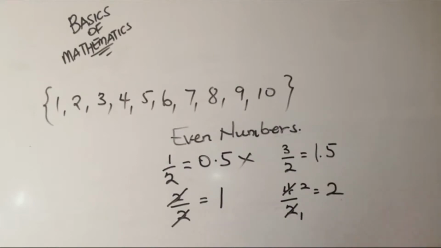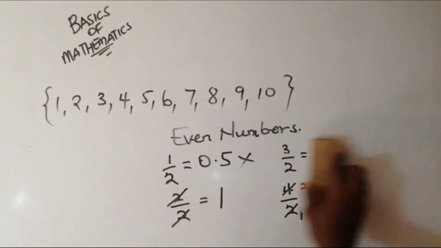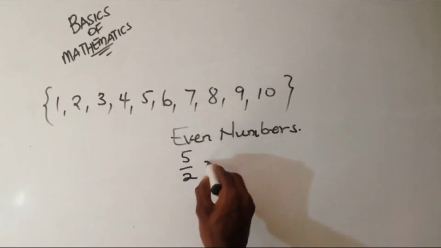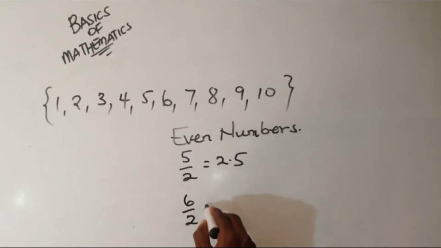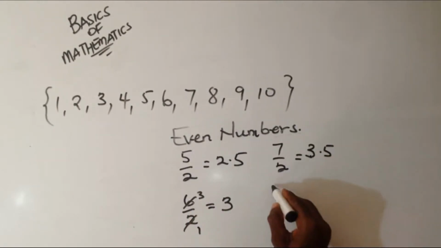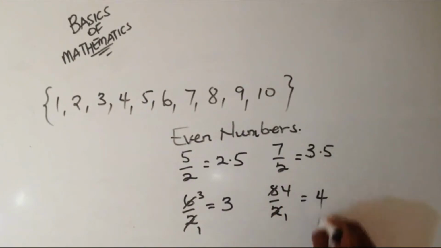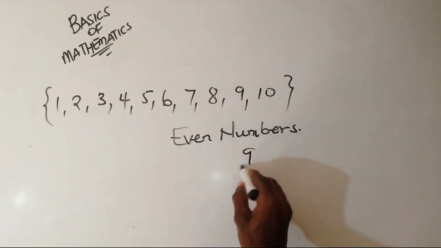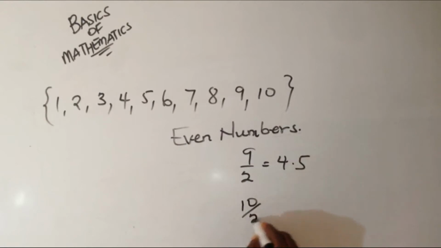If you work all these accordingly, dividing each of the numbers from 1 to 10 here, we are going to get the ones which are even. So there we go.